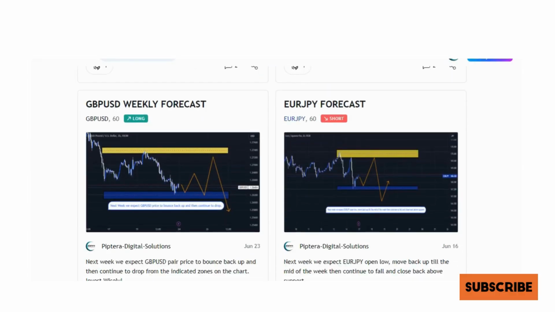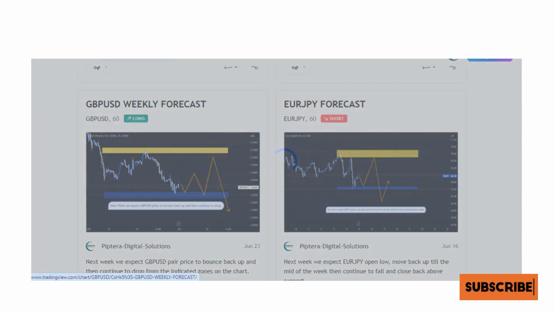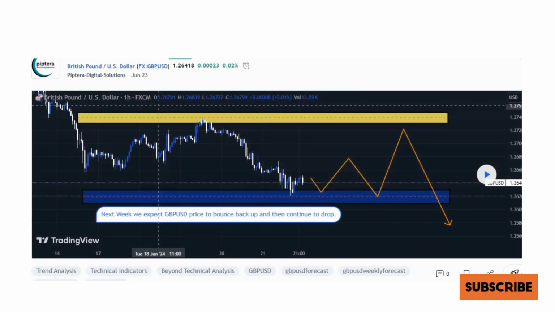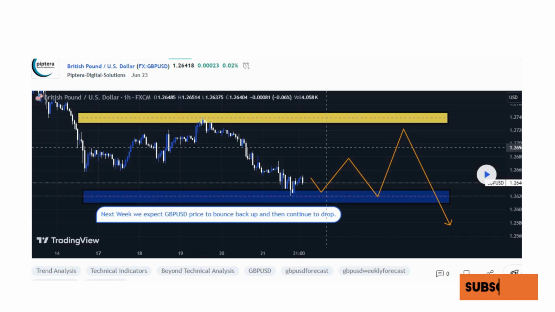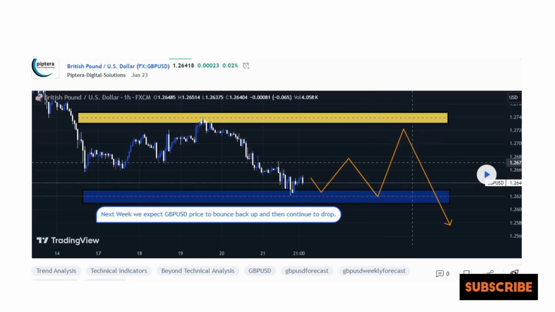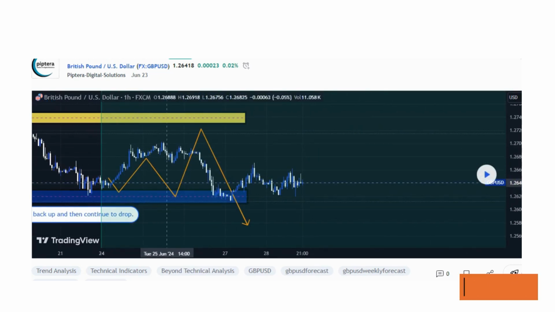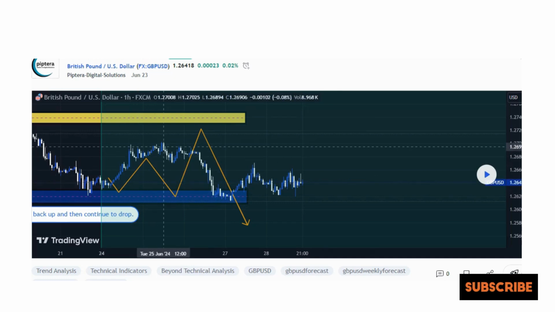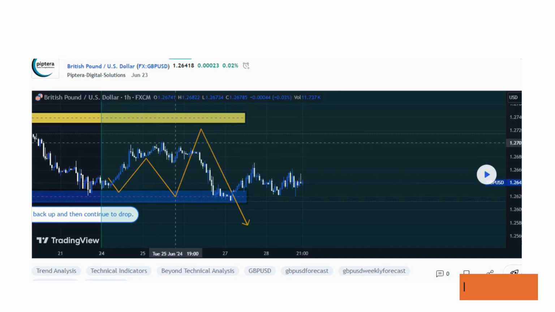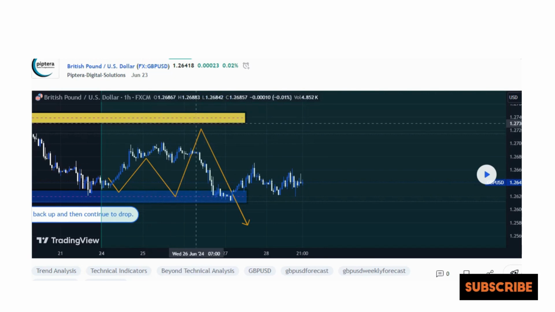The third pair we will be sharing with you is GBP USD. Our expectation was to see this pair bounce back up from support and then continue to drop after hitting the resistance zone up there. So let's see what happened. The price respected our perception and our forecast of this pair. It went up halfway.